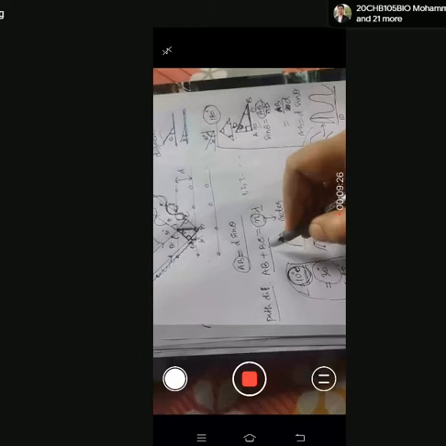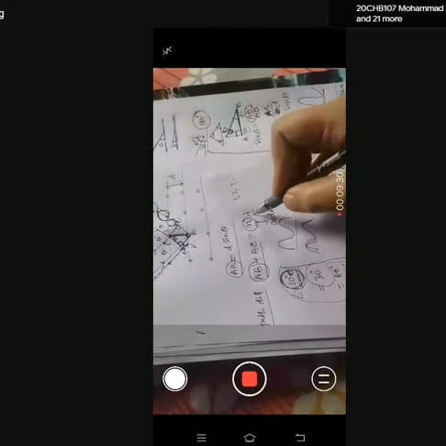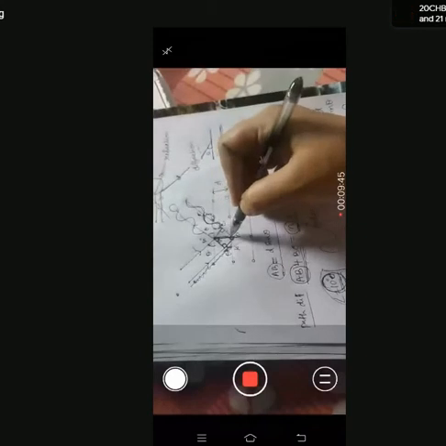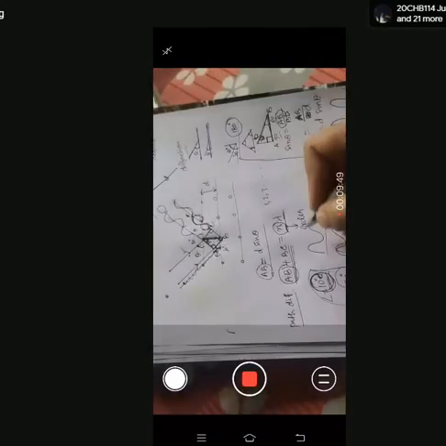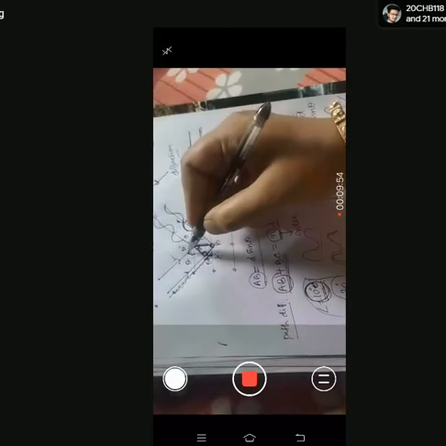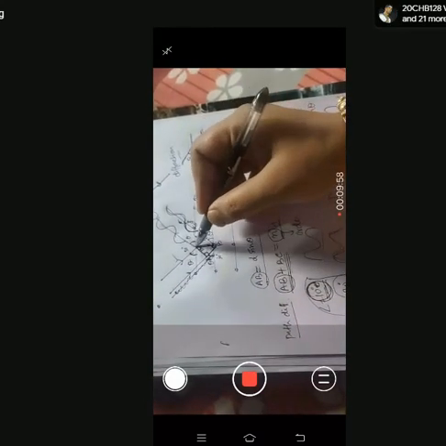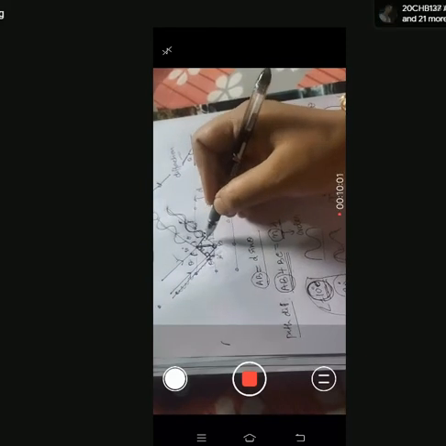Now our target is to determine what this AB plus BC value is. If this angle is theta, then AB will be D sine theta. And AB is also equal to BC, because they are parallel rays. So if this angle is theta, similarly this is also theta, and this angle is also theta.